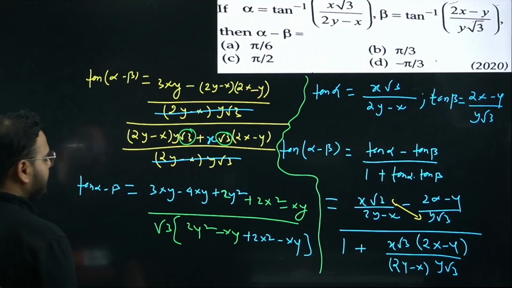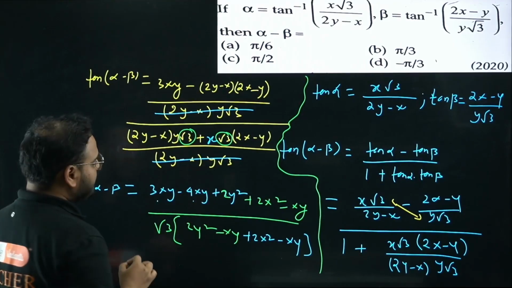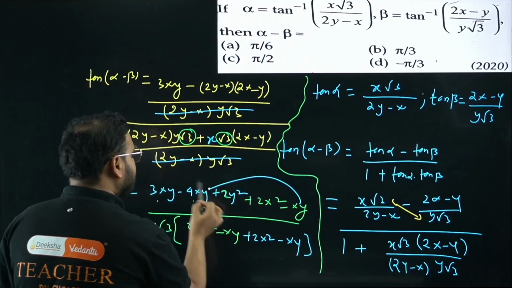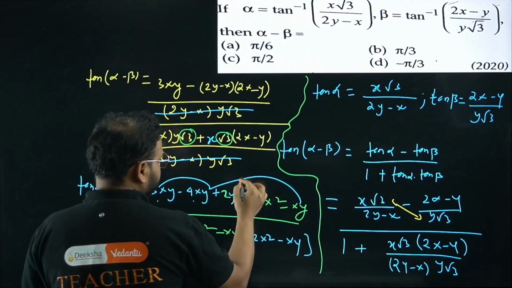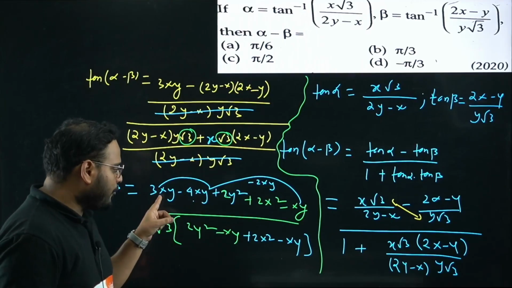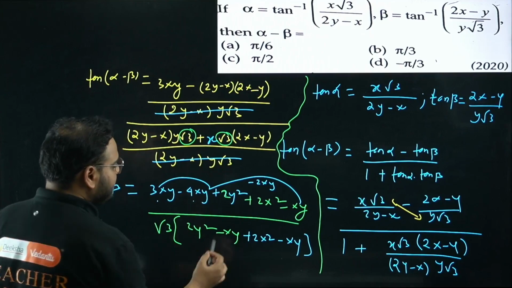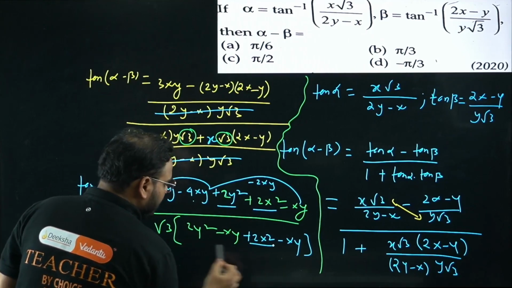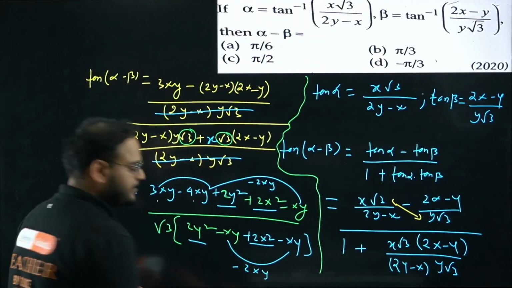Please check very carefully. I have 3xy minus 2xy minus 4xy, which is nothing but minus xy, and one more minus xy. If you club these three together, you get minus 2xy. Over here also, 2x square, 2y square, and minus 2xy.